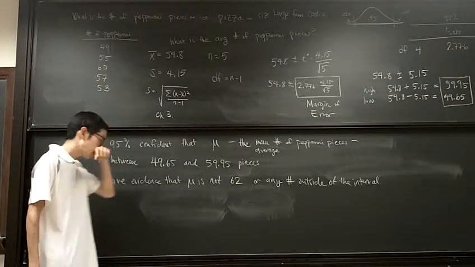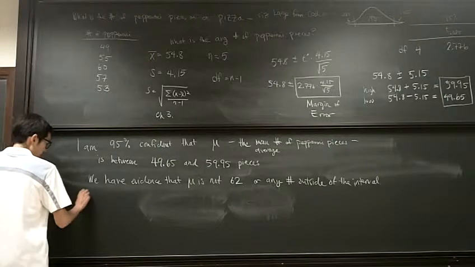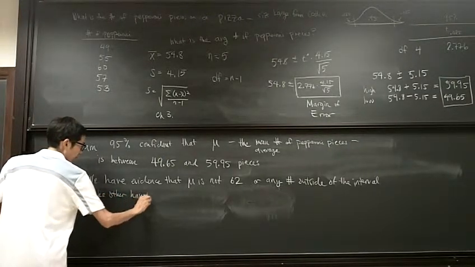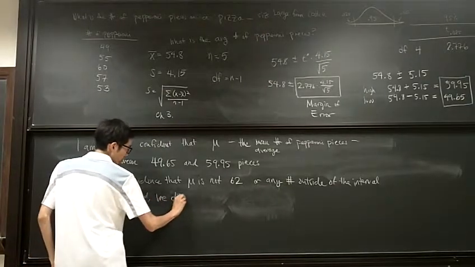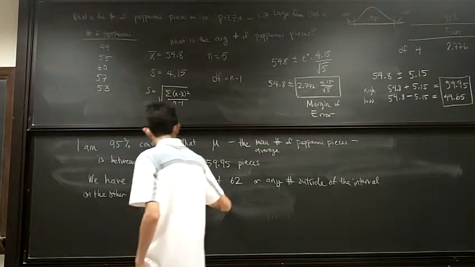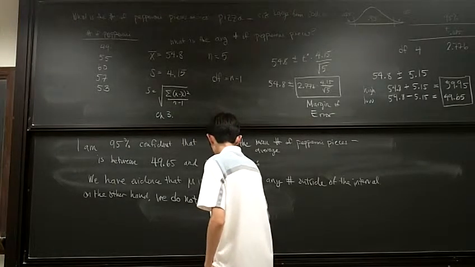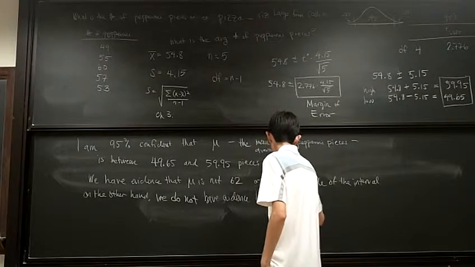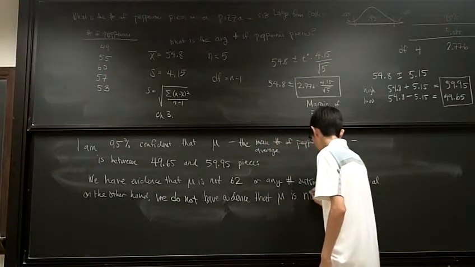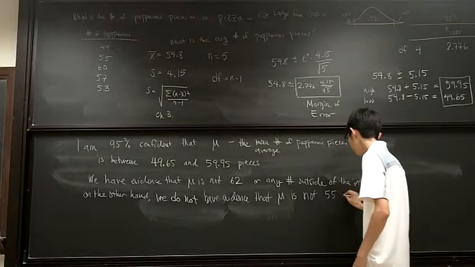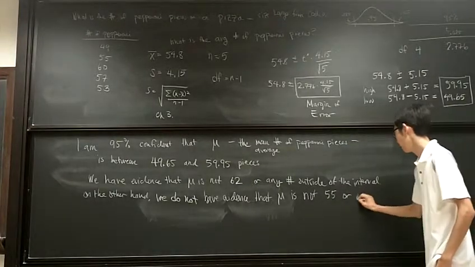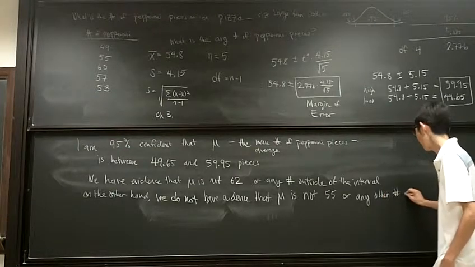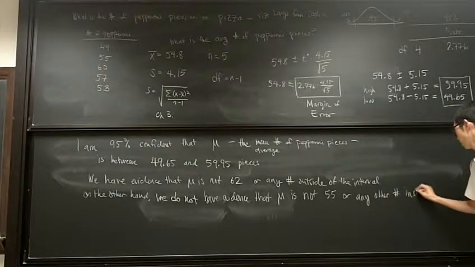So on the other hand, we do not have evidence that mu is not 55, or any other number inside the interval.